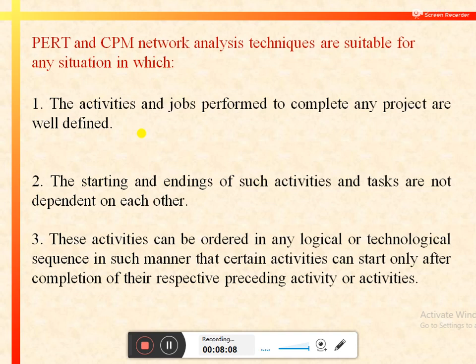So basically the activities or jobs should be clearly identified and well defined, and they should have their own starting and ending point that are not dependent on each other, and further the activities can be ordered in any logical or technological sequence or order in such a manner that any activity can start only after completion of all the activities that come before this activity.